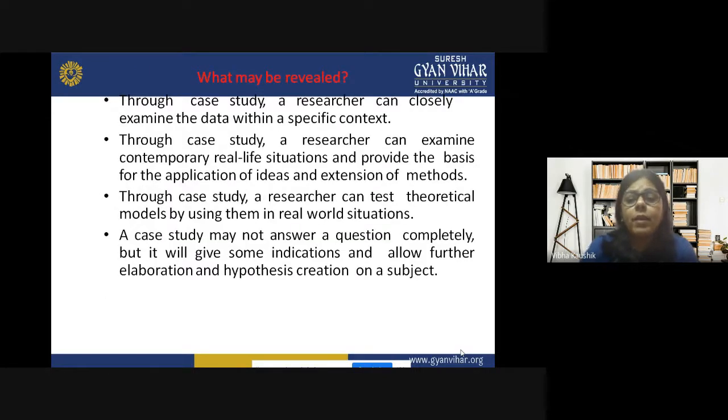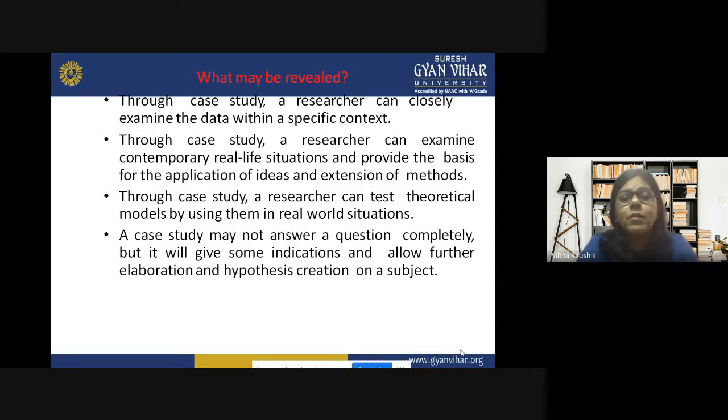Through a case study, a researcher can closely examine the data within a specific context.